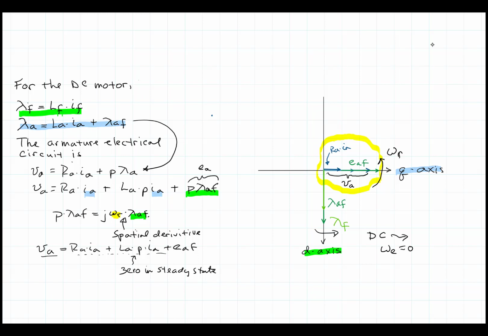We can think of it as essentially operating in a rotating frame of reference. That's fundamentally what is happening with a DC motor. So we will come back to this idea and talk about rotational frames of reference with three-phase machines.